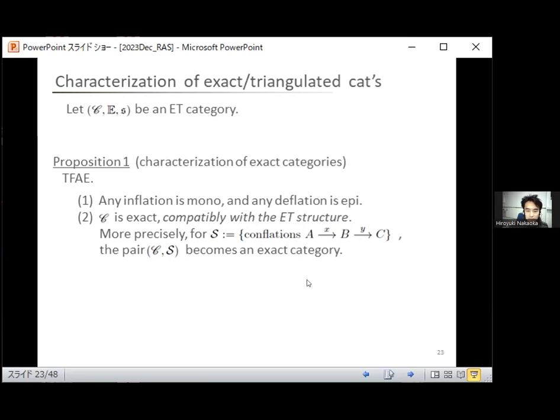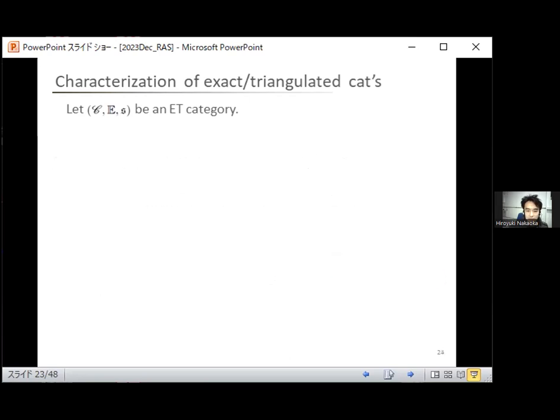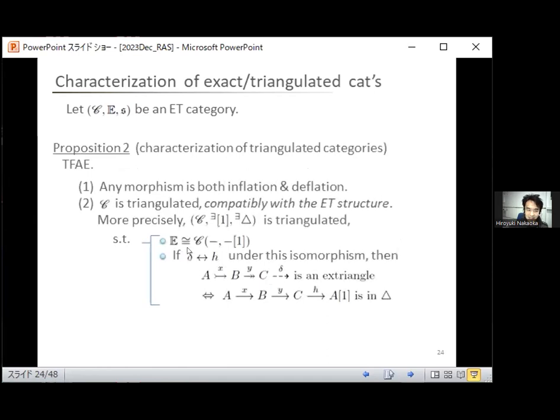Now, the next Proposition 2 says that C is naturally a triangulated category, and it is equivalent to the first condition, namely any morphism in C is both an inflation and a deflation. So this condition characterizes which ET categories are triangulated categories.